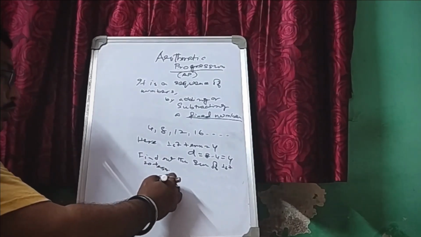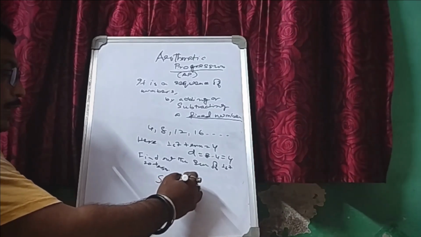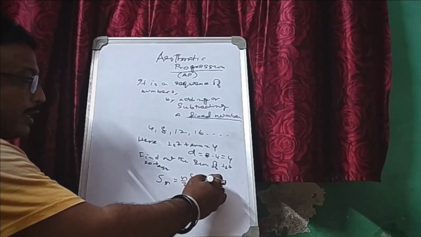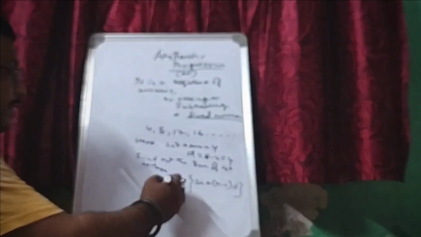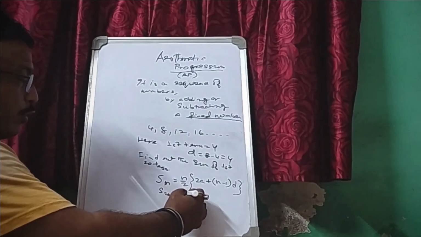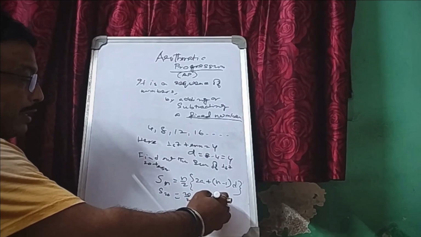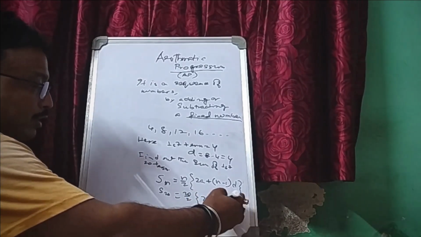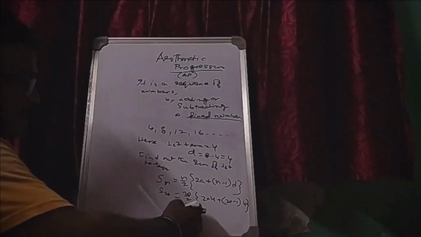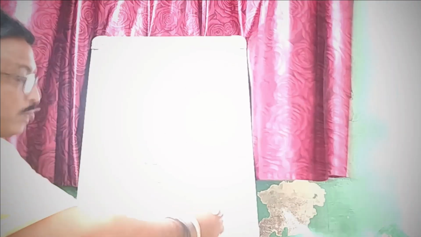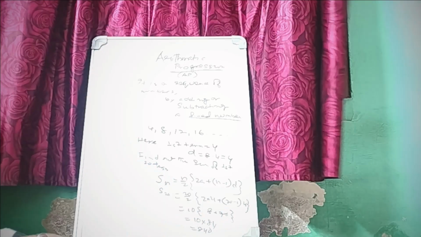So there is a formula for summation. Sn is equal to n by 2 into 2a plus n minus 1 into d. Put the values. S20, 20 by 2, 2a, n minus 1, 20 is my number of terms, d means 4. 2 into 4 is 8, 19 into 4 is 76, 10 into 84, that means 840 will be the summation of the first 20 terms.